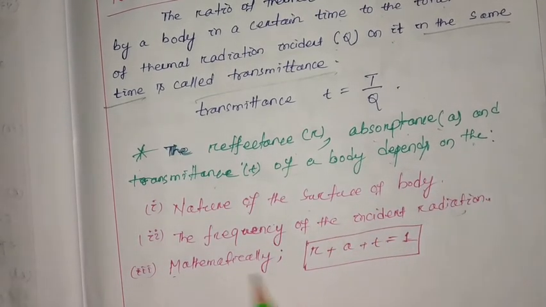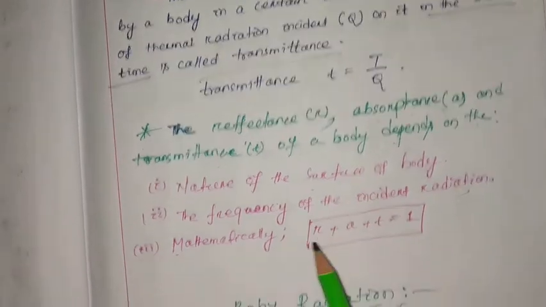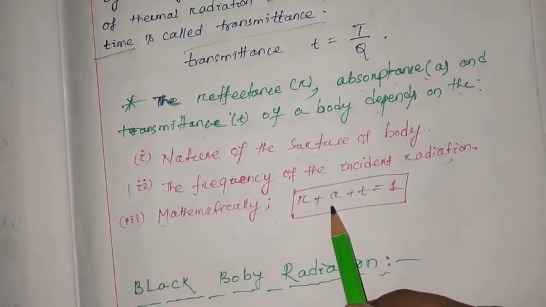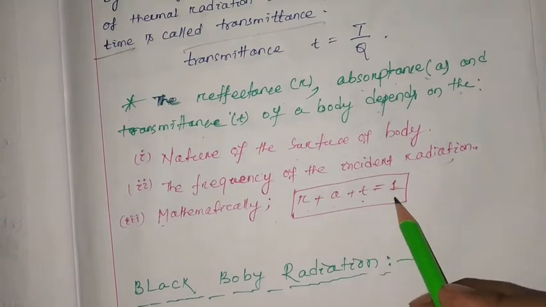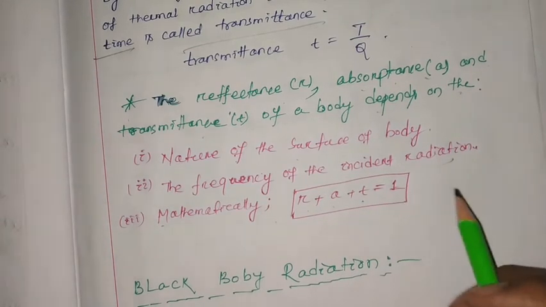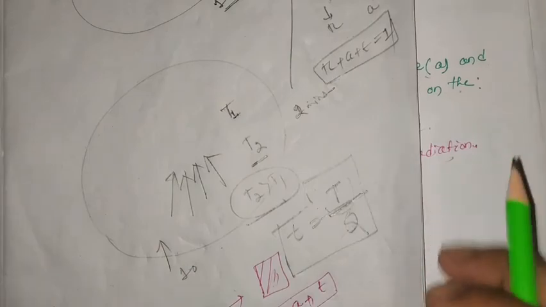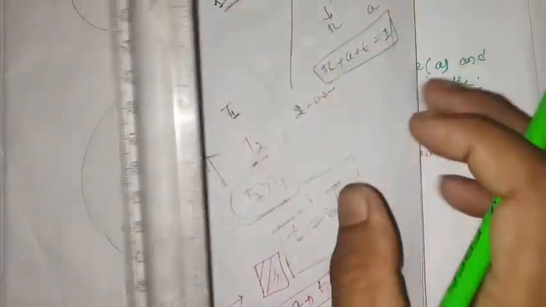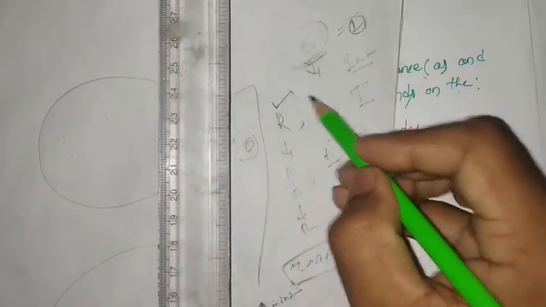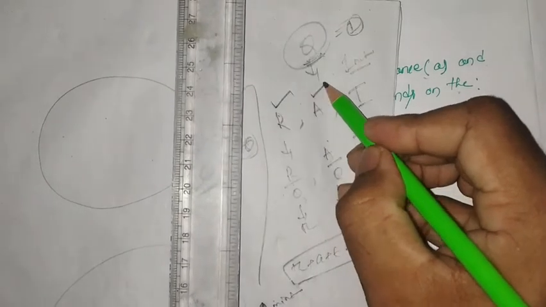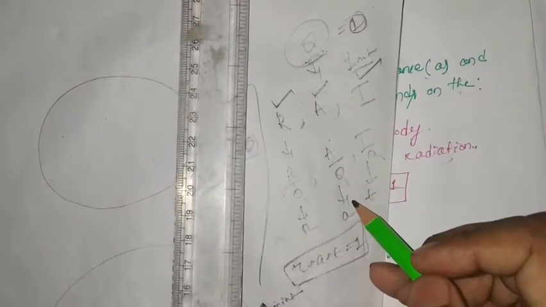Mathematically, reflectance plus absorptance plus transmittance equals 1. Of the total energy incident, part is reflected, part is absorbed, and part is transmitted.